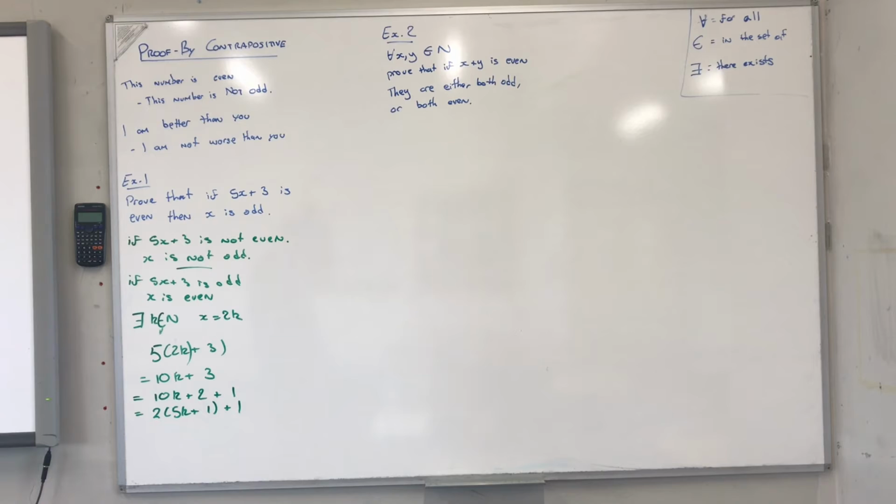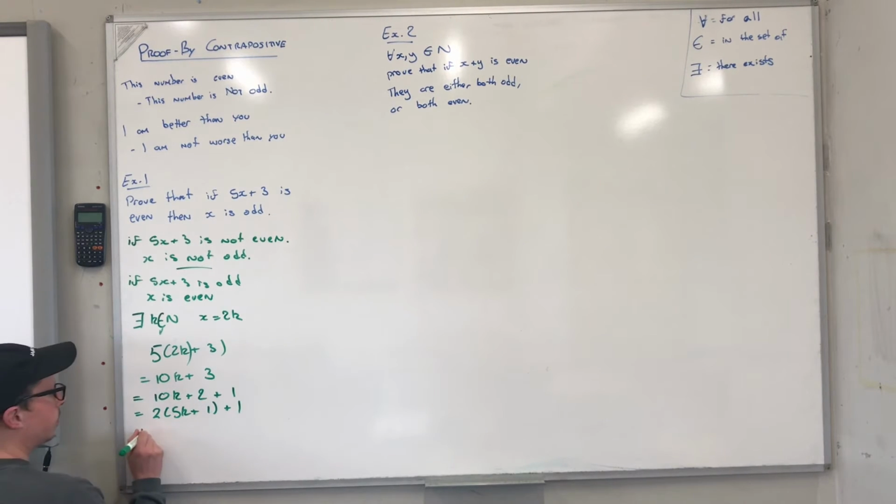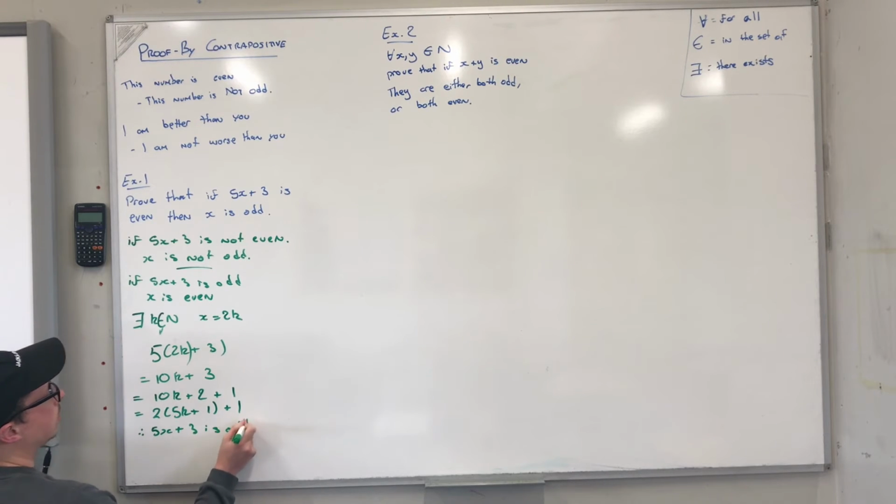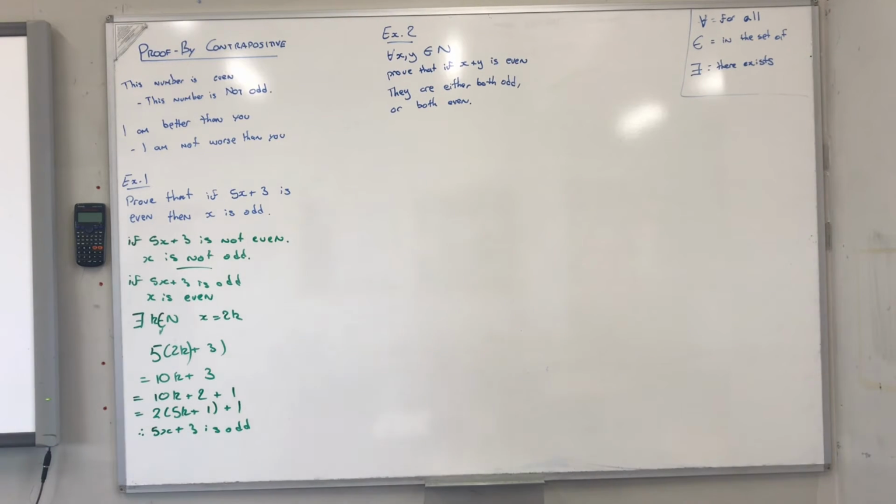Now hopefully what you can see is that is the general term for an odd number. Therefore, 5x plus 3 is odd. So we've proven the contrapositive, which therefore means that if 5x plus 3 is even, then x must be odd.